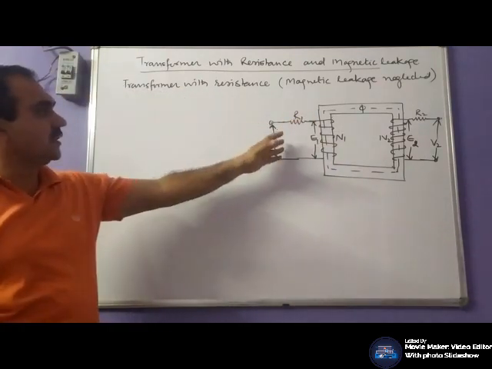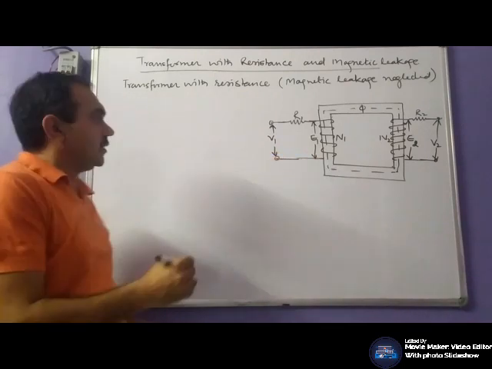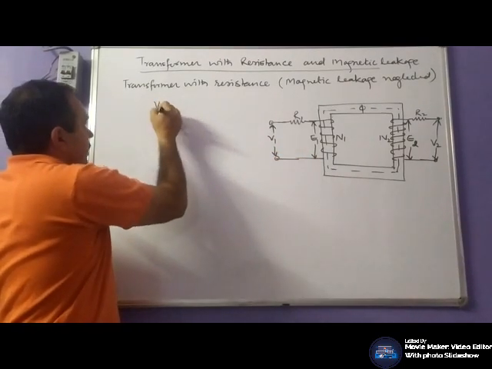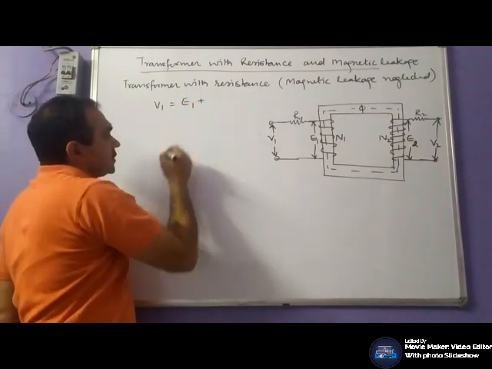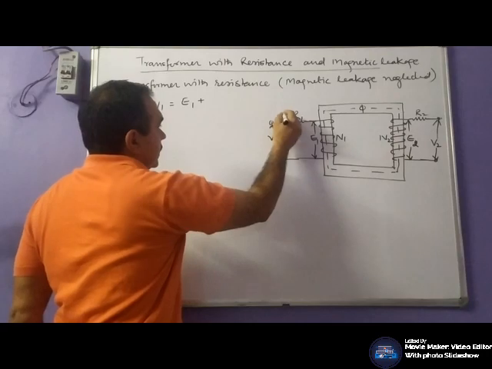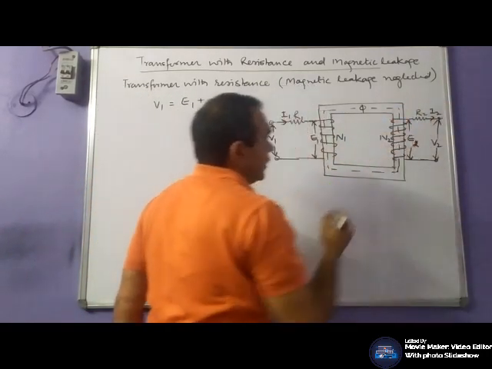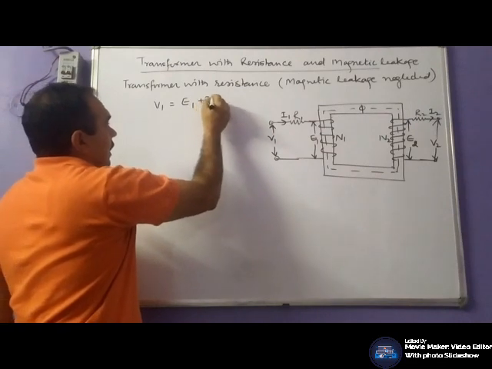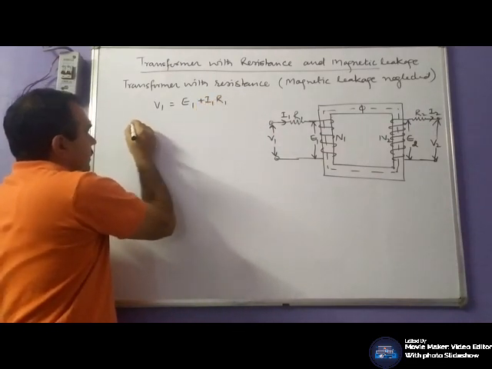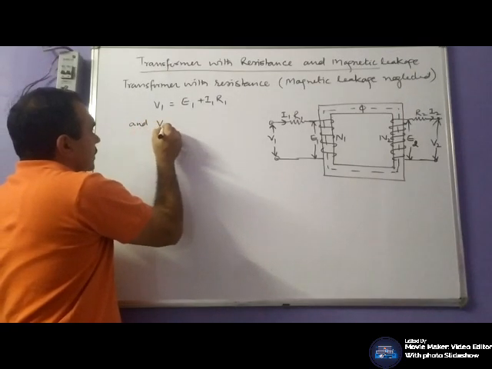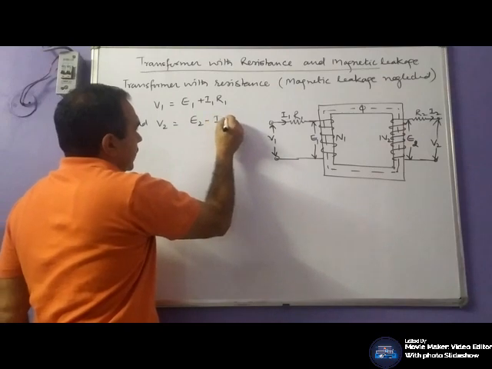Due to the resistance in the winding, there will be a difference between the terminal voltage and the induced EMF. If I1 is the current in the primary and I2 is the current in the secondary, V1 would be equal to E1 plus I1 R1, and V2 will be E2 minus I2 R2.